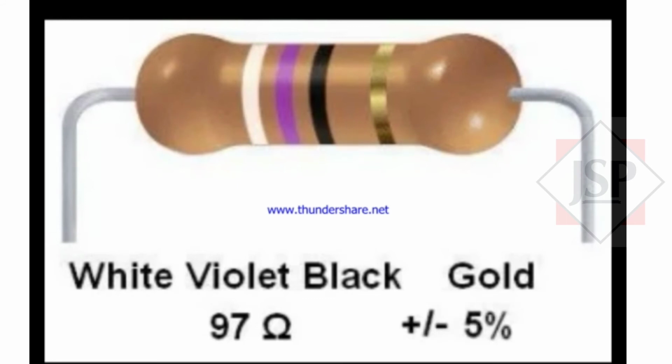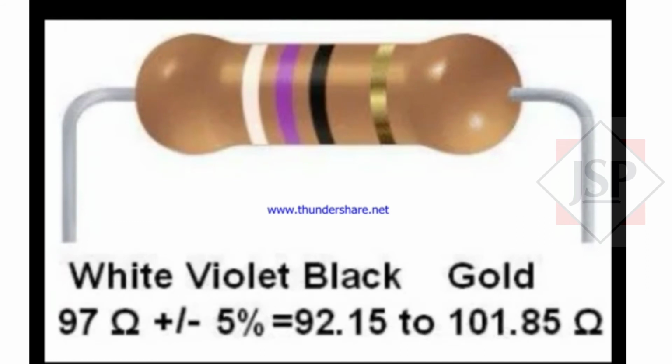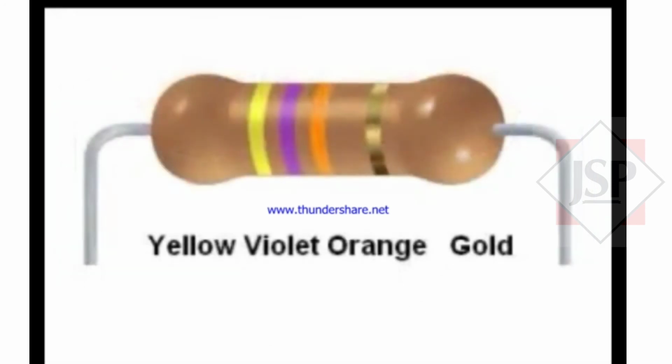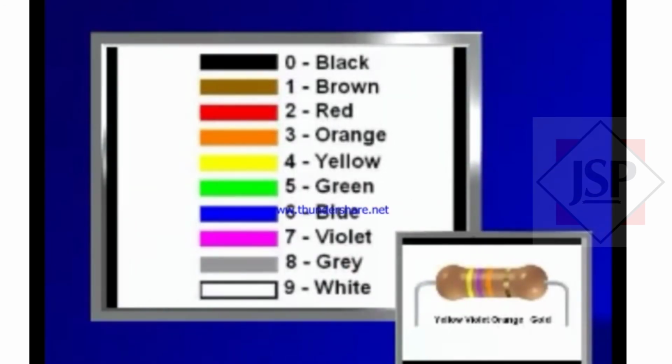The fourth band is gold, or 5%, so this is a 97 ohm resistor with a tolerance of plus or minus 5%. 5% of 97 is 4.85. If we add and subtract that from 97, that means this resistor value has to fall within the range of 92.15 to 101.85 ohms.